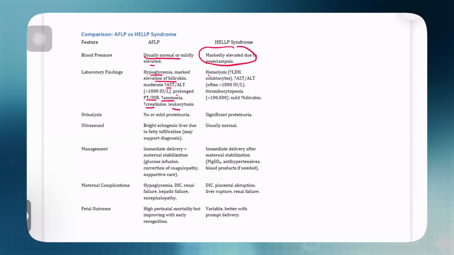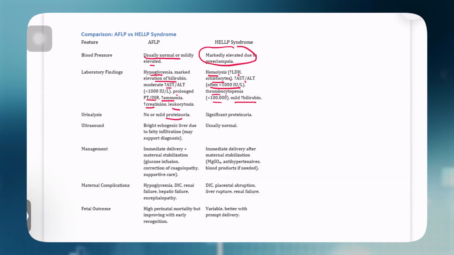However, in HELLP syndrome, there is hemolysis. LDH is elevated, schistocytes are there, AST and ALT are increased, often more than 1,000, like in dengue fever. I always say that dengue fever presents almost like HELLP syndrome. And there is thrombocytopenia. The bilirubin elevation is mild, whereas it is marked in AFLP.